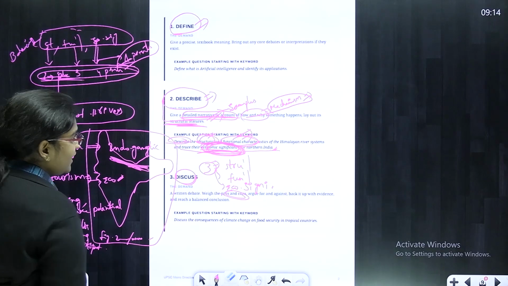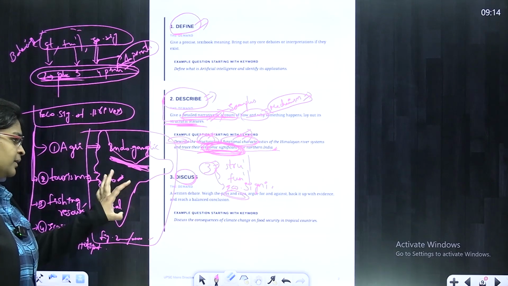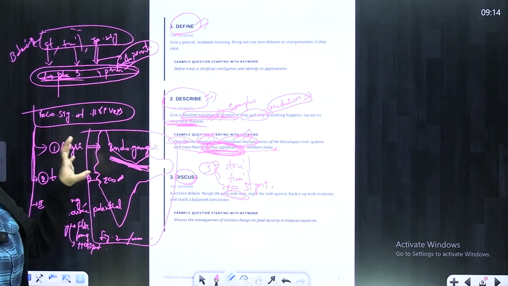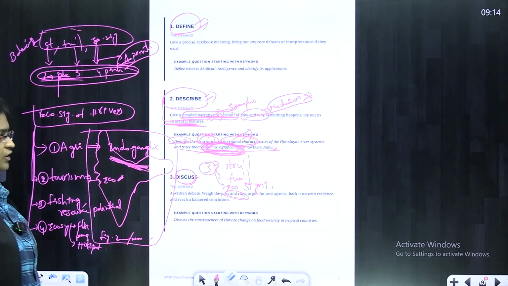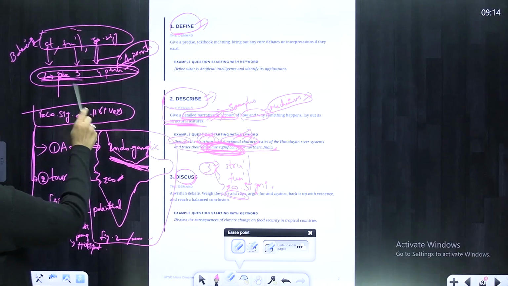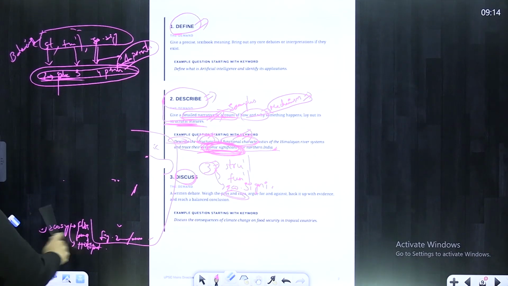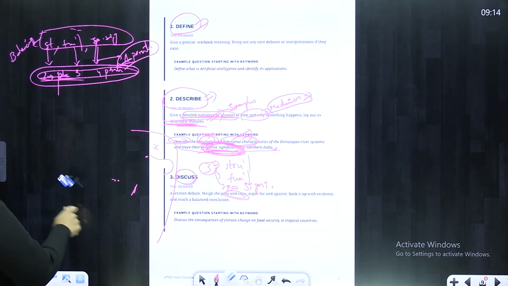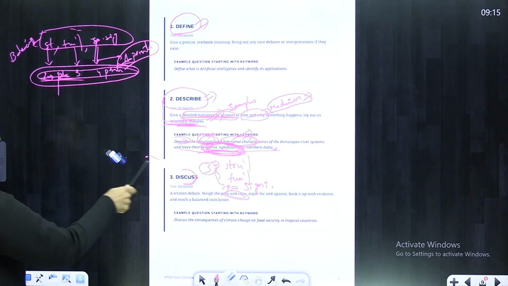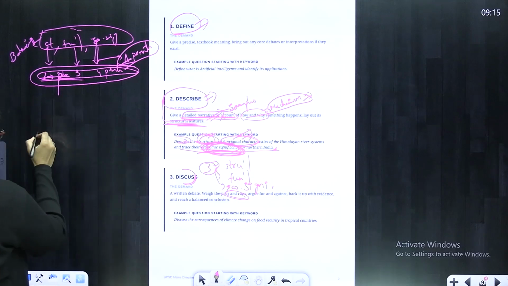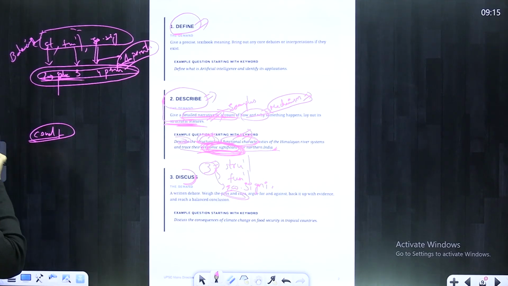So the describe part has been done, and we have given one diagram, and we have started with an example in the introduction. Now, how can we conclude this particular answer? We can conclude it in a positive way. Remember, do not mention a side heading called conclusion.